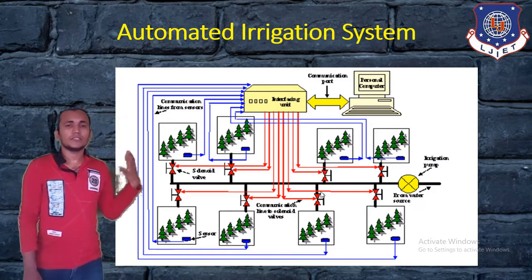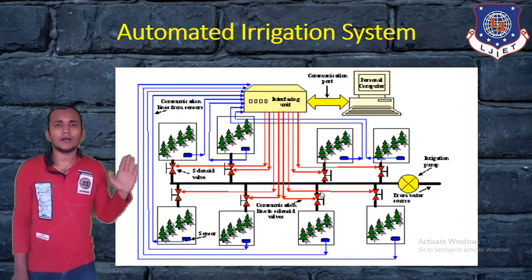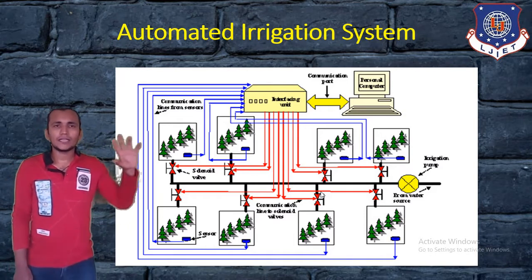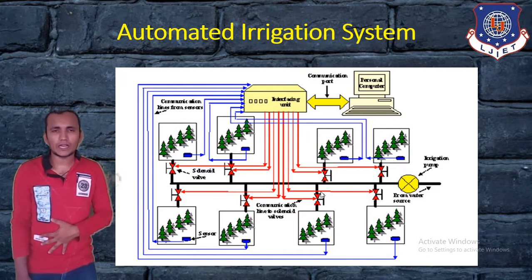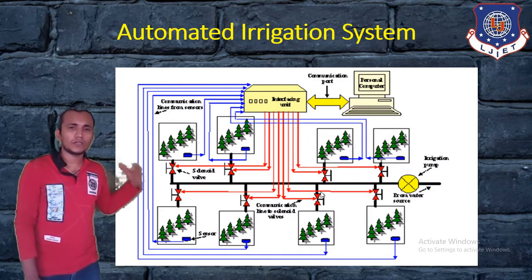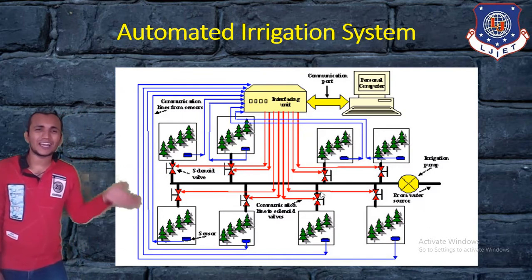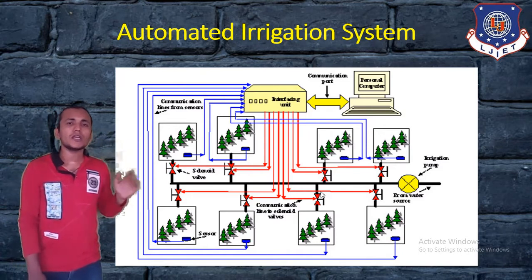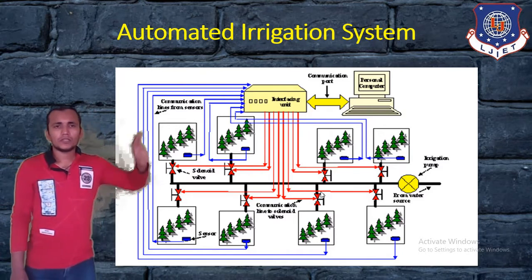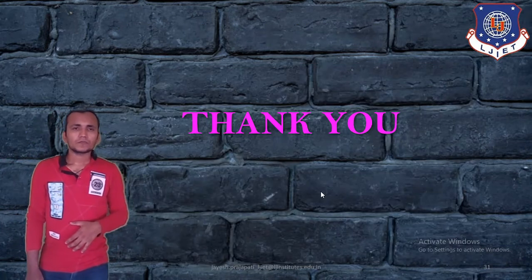By using this automation, it is communicated to our PCs. So that is a fully automated irrigation system. If we have to make an automated irrigation system, we have to design it like this. You can also see a solenoid valve line directly connected to the interfacing unit. So that is a simple automated irrigation system.